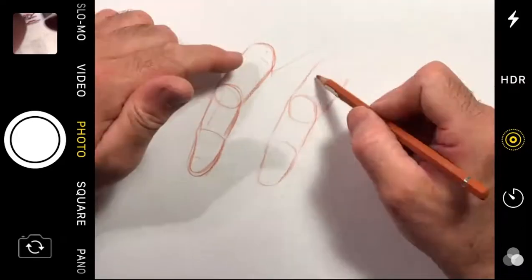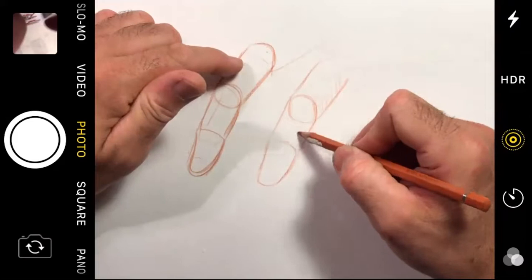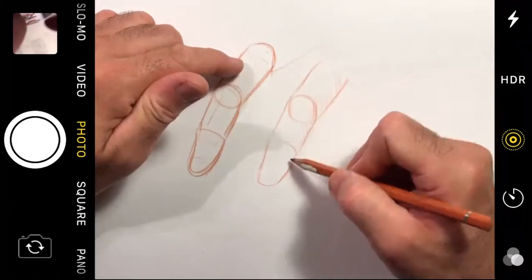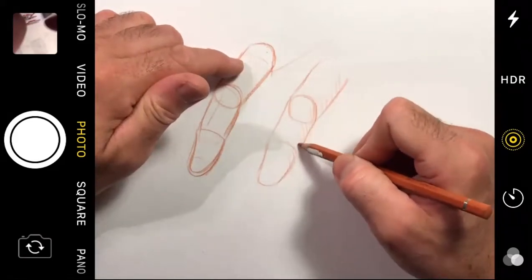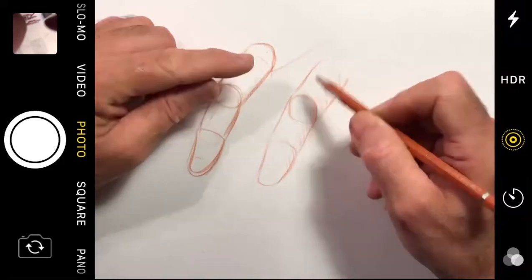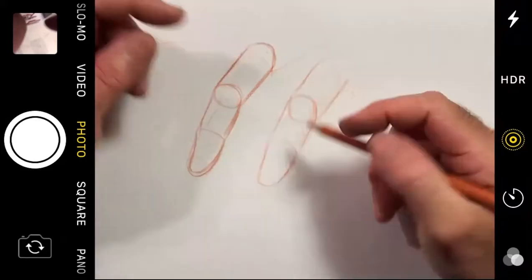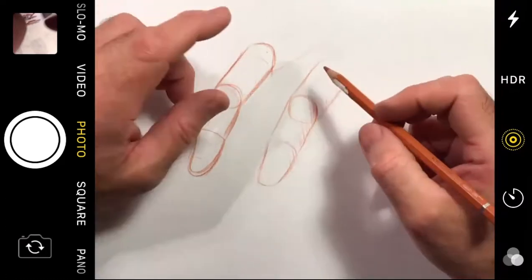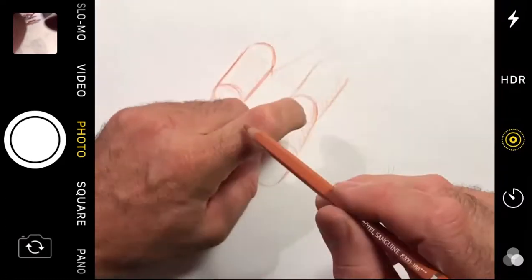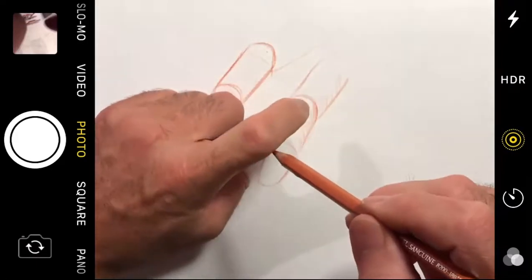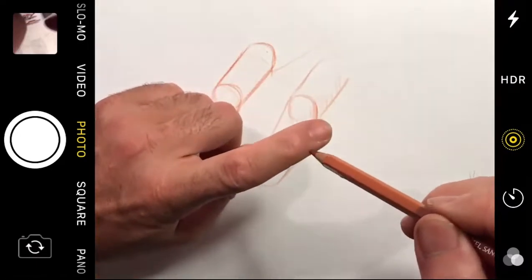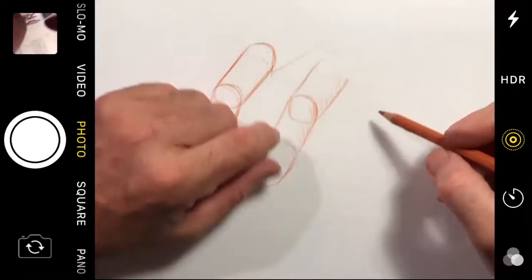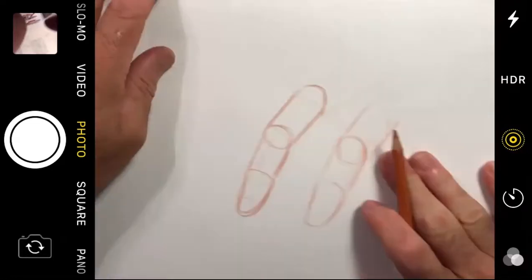So now I look at my finger and I see, okay, the sides tend to be a little bit squarish, a little bit flatter. Then I notice that at the joints, there's a swelling. See that here and here? The bones are like this.